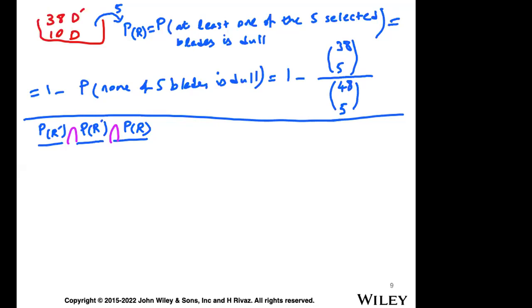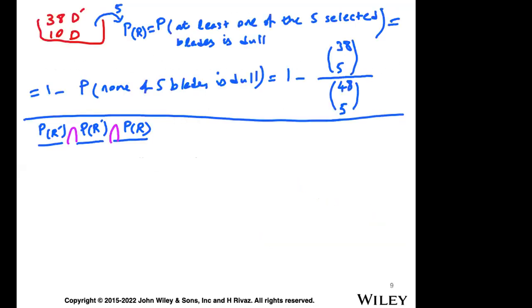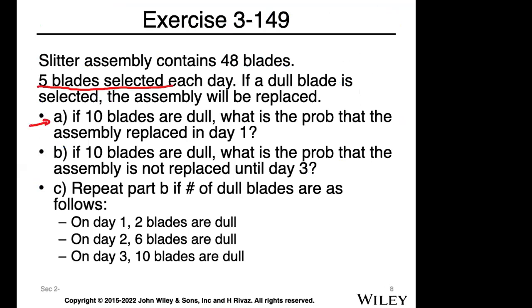So now the question is, whenever you see intersection, we have to think whether they are independent or not, because if they are independent, it makes our life very easy. We just multiply individual probabilities, right? This is what we discussed in the previous class. It looks like this company is making these slitter assemblies and shipping them out, right?